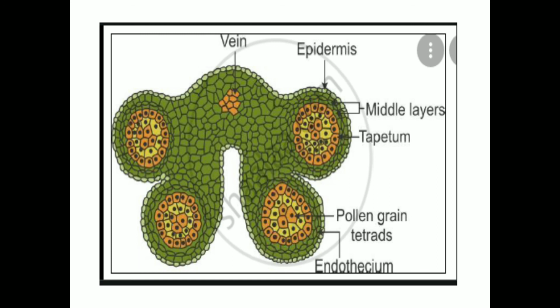This one is the endothecium. Endothecium is followed by a two to three layered middle layer, and the innermost layer is the tapetum. Tapetum is covered with the pollen grains. And in the transverse section of this bilobed anther, the tetrad structure shows four sacs, one on each corner.